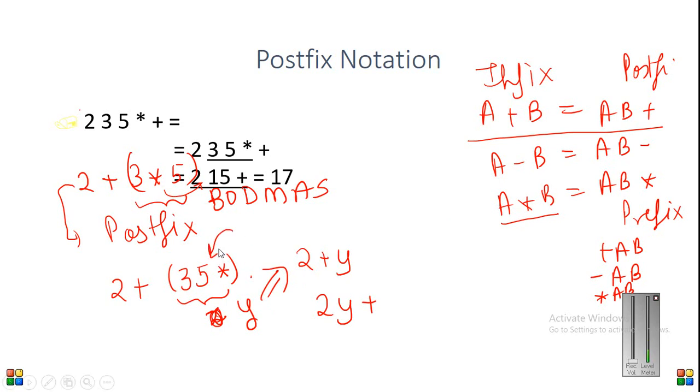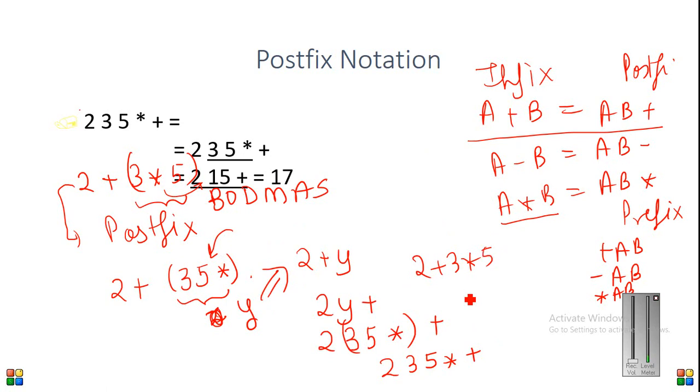It was 3 5 asterisk. So now I replace Y with 3 5 asterisk, and then the plus. Finally I remove the parentheses because they don't have any value in a postfix expression, right? So I started with the expression 2 plus 3 multiplied by 5, and I came up with this particular expression.